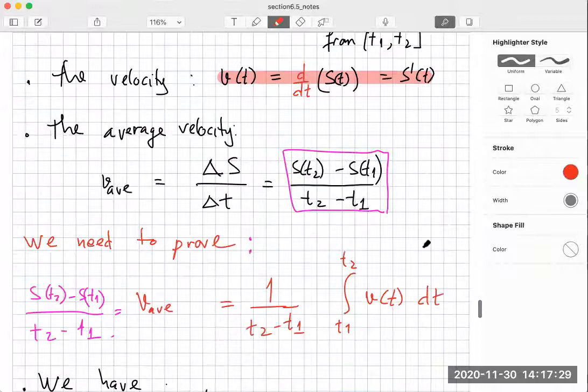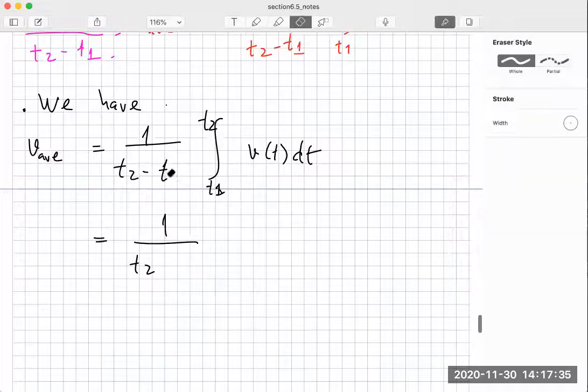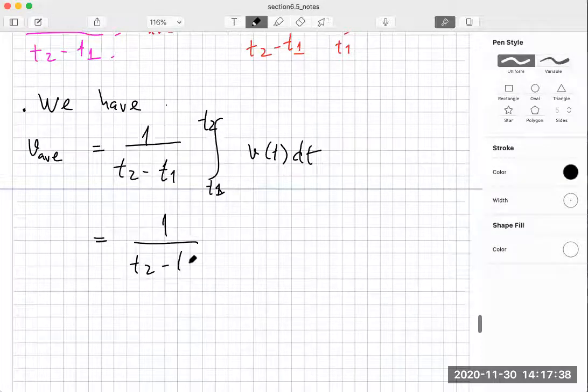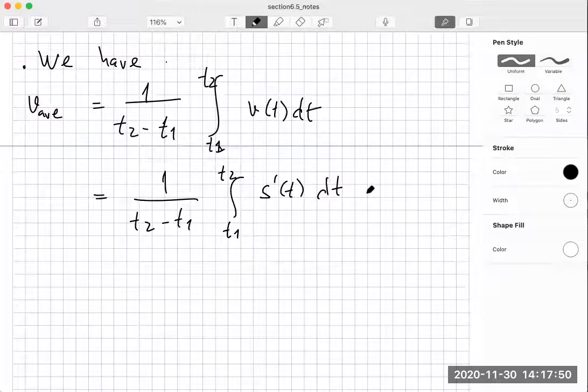Okay? Which is 1 over t2 minus t1 times the integral from t1 to t2 of s prime dt, right? Oh, interesting, right? Integral of the derivative of s, then what do we have here?